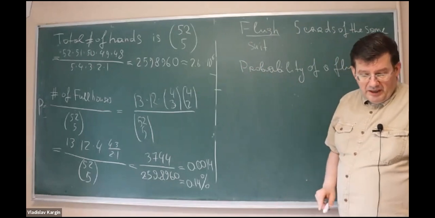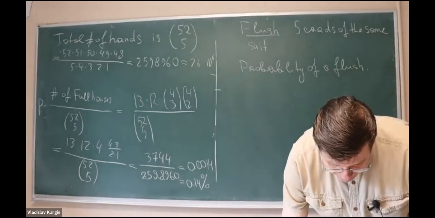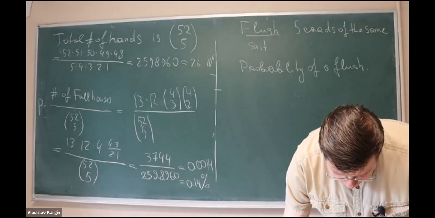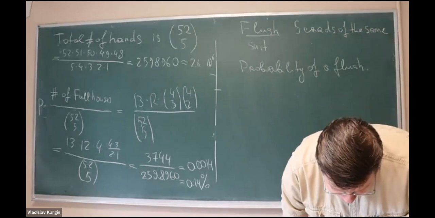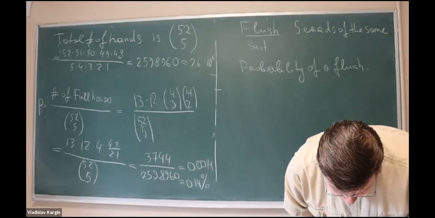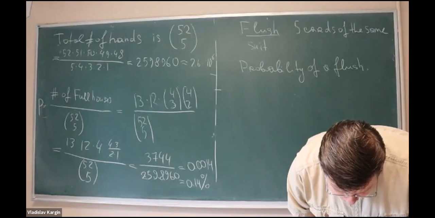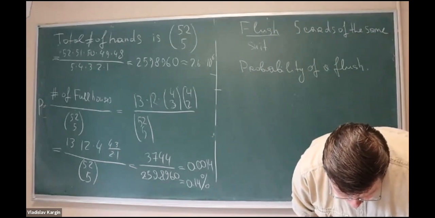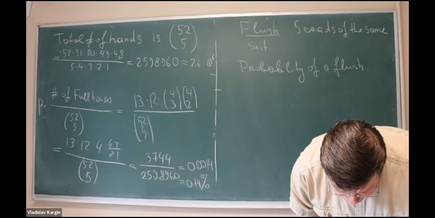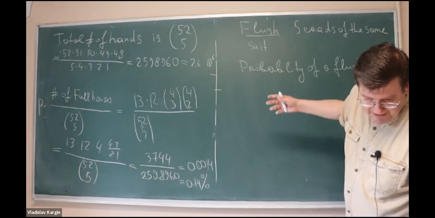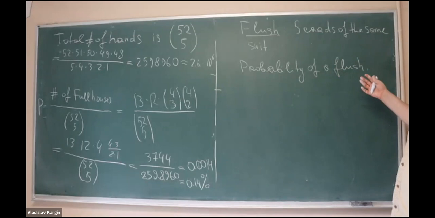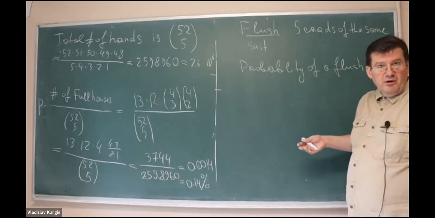So if you look at the table of how hands are valued, you'll see that a flush, as far as I understand, has a smaller value than a full house, right?